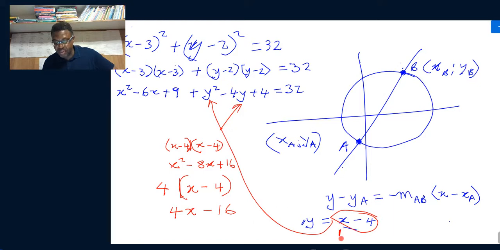With the first value of x, you get the corresponding y. You use the second value of x, x2, you get the corresponding y2. Then you will have your points. Are you clear? This is the end of the analytical geometry. The rest is just the manipulation, application of what we have studied.